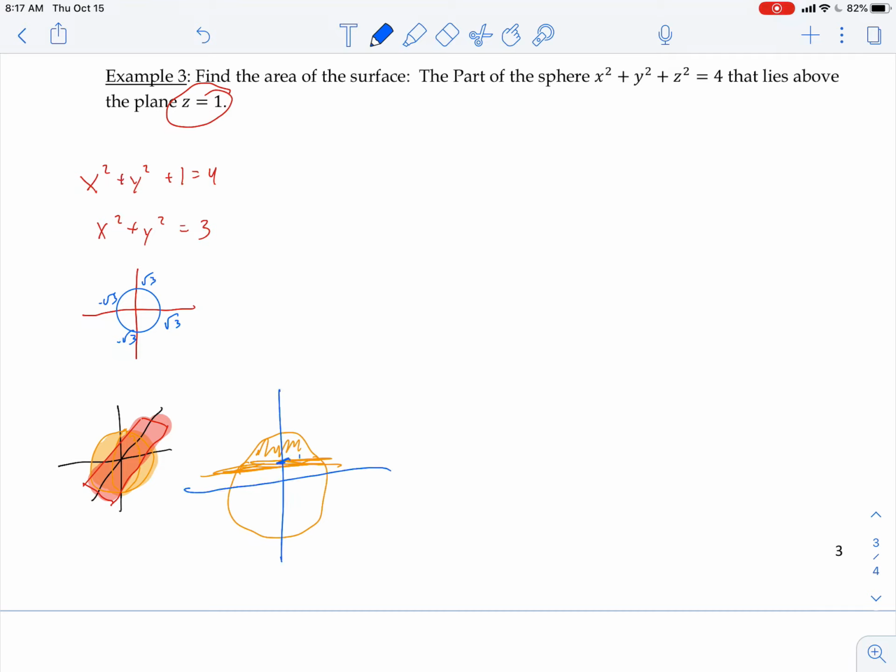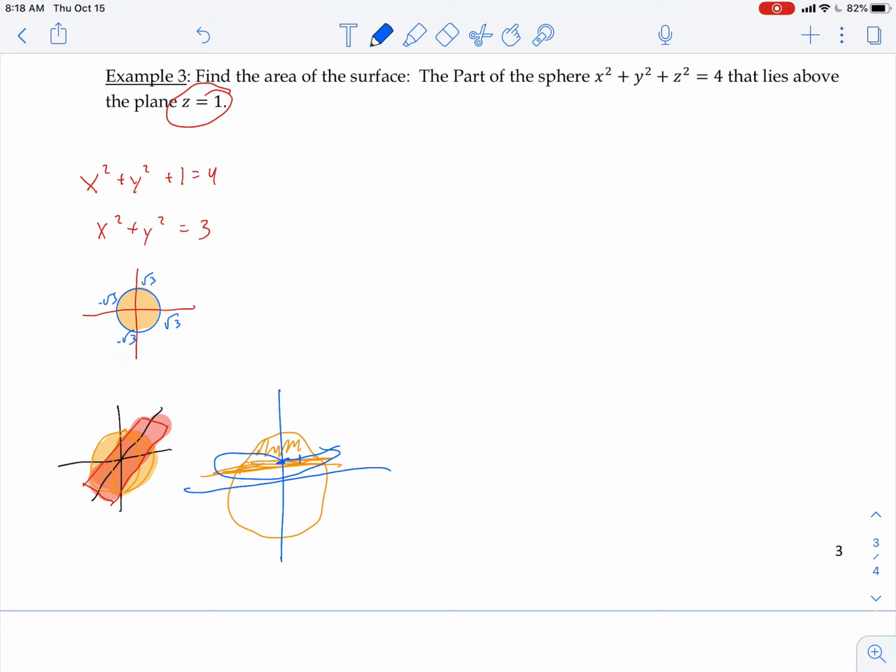And again, this is basically up at z equals 1. So this plane is really not on the xy plane. It's on the plane z equals 1, but in terms of x and y. So we're doing everything above this region right here. Which is good. Polar. We like doing polar.